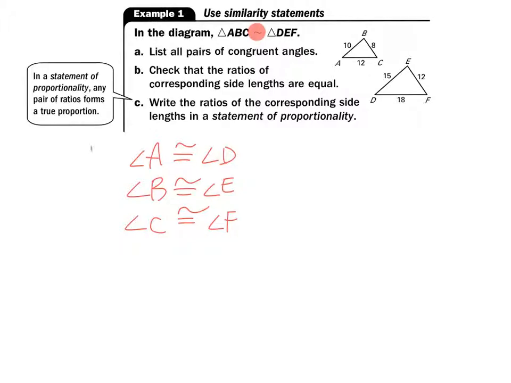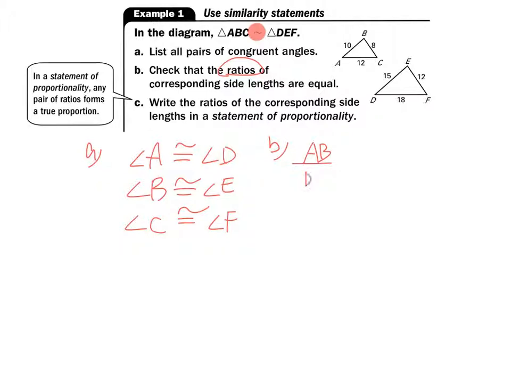So that's A. Now B, check the ratios of corresponding side lengths are equal. Again, it's not that the side lengths are equal, it's the ratio of the corresponding sides. So we have to calculate that ratio.